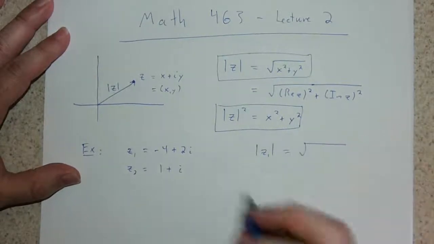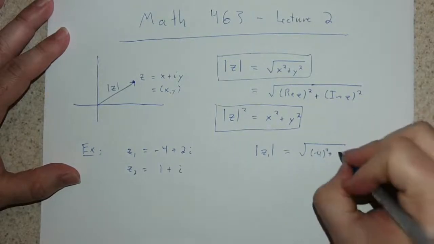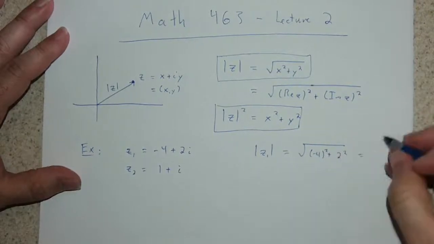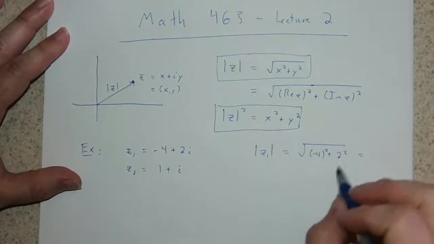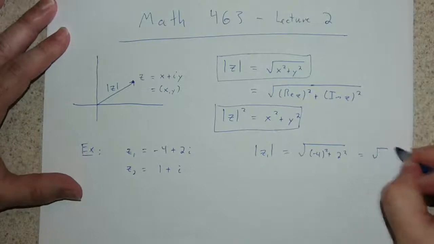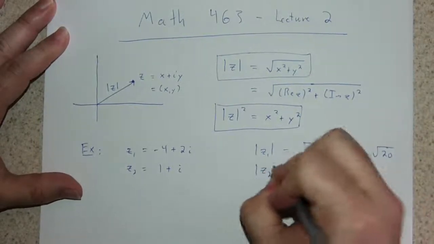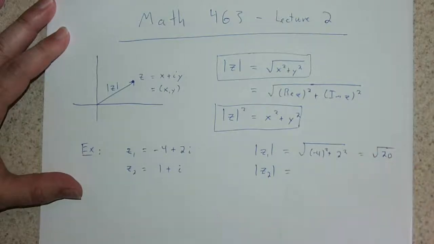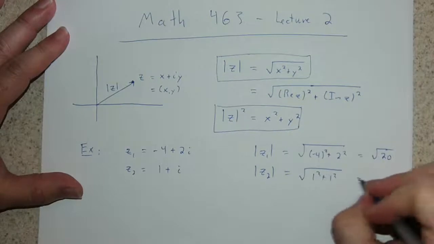This is the square root of minus 4 squared plus 2 squared. Minus 4 squared is 16, plus 2 squared is 4, so this is the square root of 20. And the modulus of z sub 2 is the square root of 1 squared plus 1 squared, so it's the square root of 2.